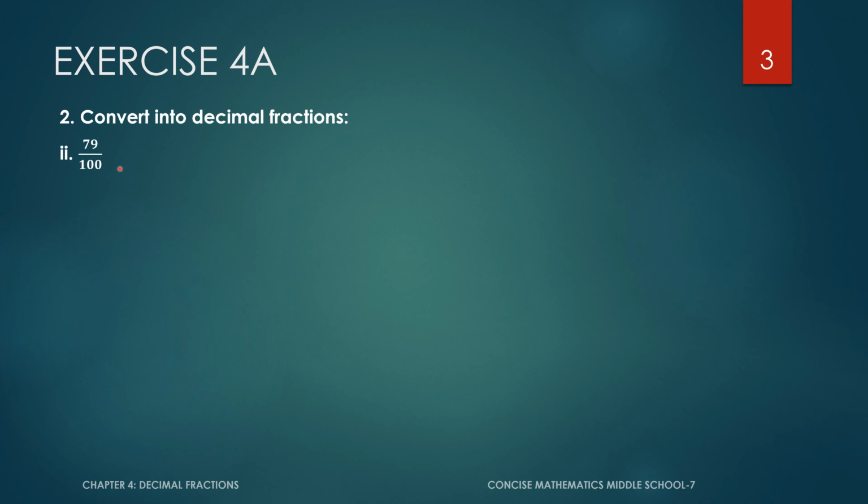79 by 100. In my previous video, I have already explained how to multiply and divide with 100, 10, 1000 in a simple way. It is a division, right? So for division, the point always moves towards the left side, right?